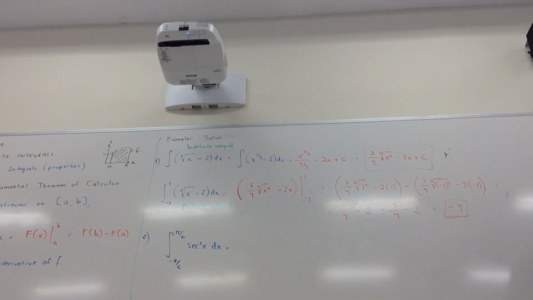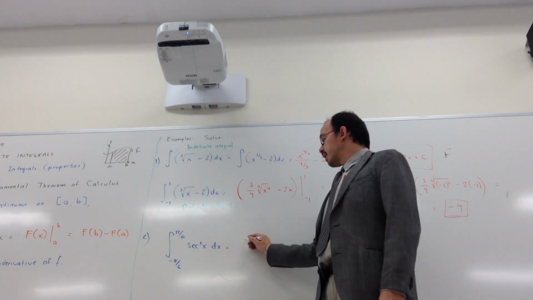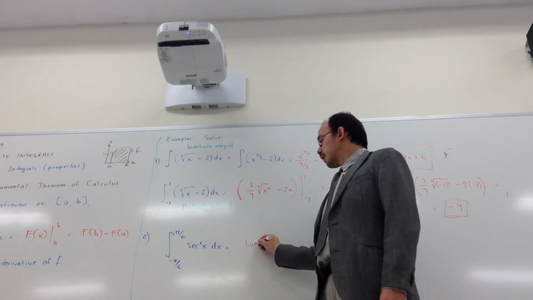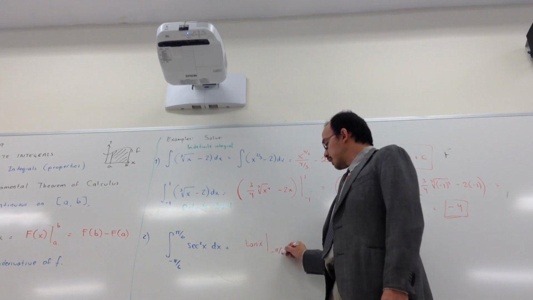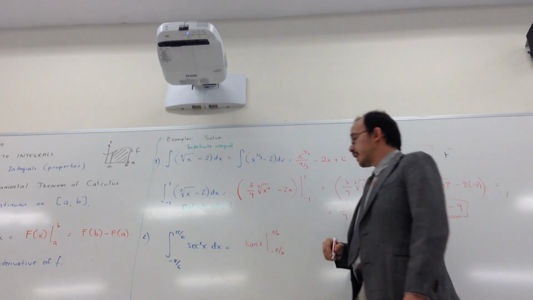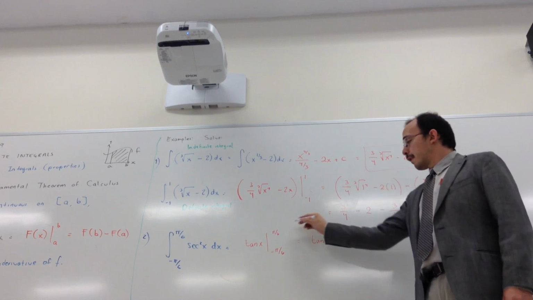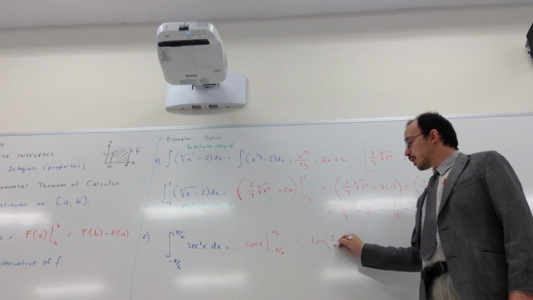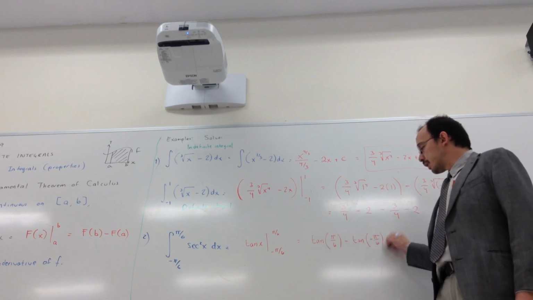What do I do? Solve it. The integral of secant square is tangent of x, no constant needed, evaluated between minus pi over 6 and pi over 6. So equal to tangent of pi over 6 minus tangent of minus pi over 6.